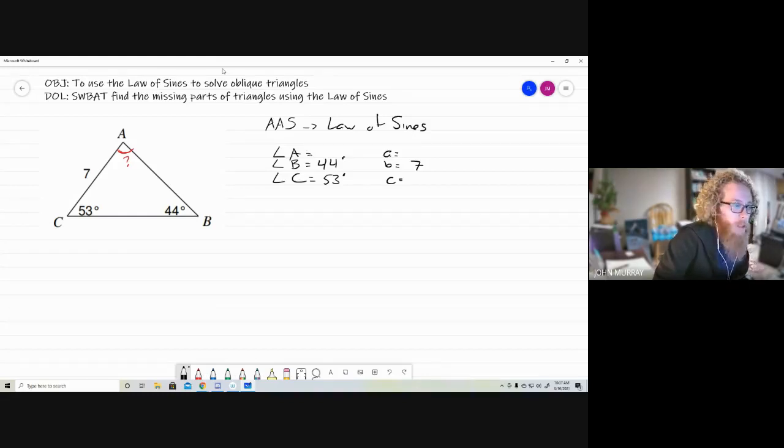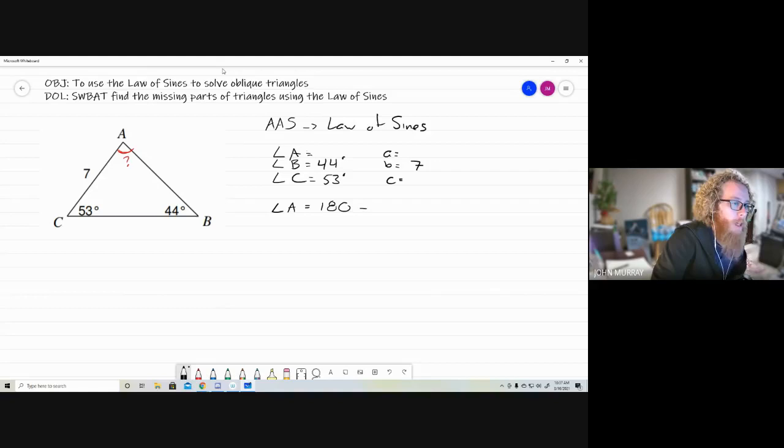Now I'm going to do it a little differently. I'm going to go out of order of what we did. And for the homework, I told you that you may not be able to answer the questions in order. You may have to find one out before the other. You could have started off by finding C first, but I'm going to find angle A first because that's a little easier.